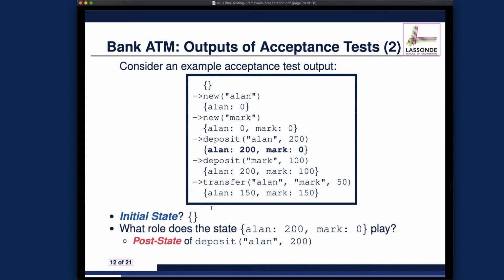Okay, so for Alan 200, Mark 0, that should be the post-state of this particular deposit event, right? And it will also be the pre-state before you execute the next event, right? So that's the second one. Just make sure you're comfortable with the pre-state and post-state that we talked about previously in the course, and also how you can understand and interpret the results of the acceptance test output.